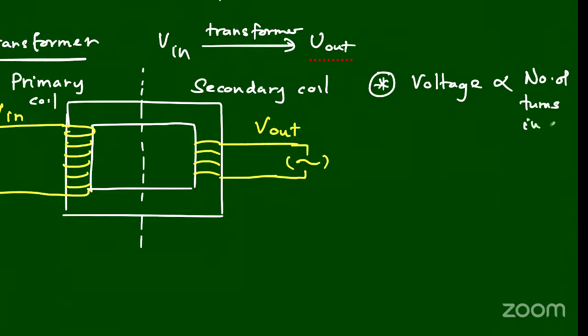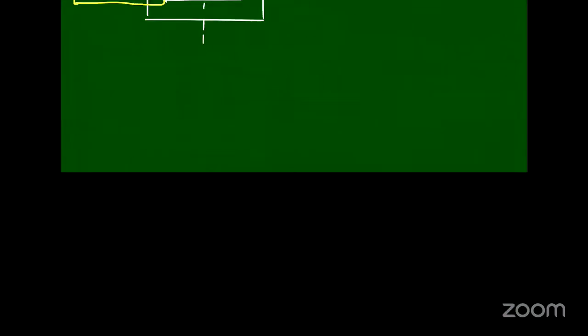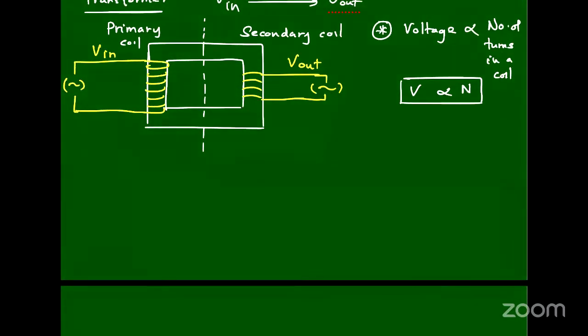So we can write V directly proportional to the number of turns. By using this theory, we can get an equation.